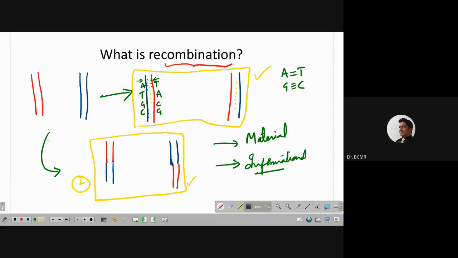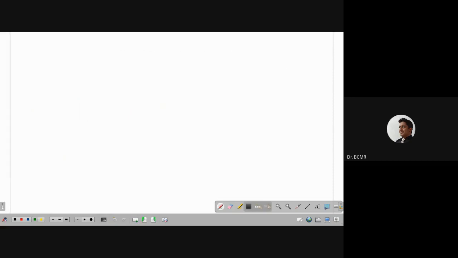Say for example, I will draw a new one, and I hope I'll be able to convince you. Say there is a DNA molecule ATCAG, and the complementary strand would be TAGTC. This is a DNA molecule, and I'm writing another DNA molecule, something like this.